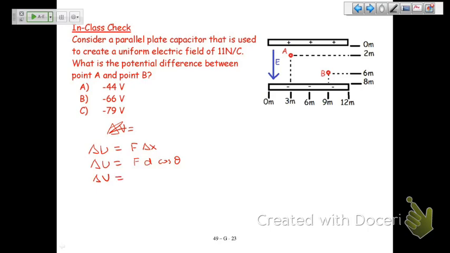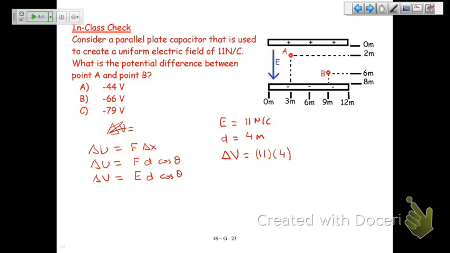Delta V is equal to E times D times the cosine of the angle between. I look at my diagram, I know E is equal to 11 newtons per coulomb. I know that my D is equal to, I'm just looking at that, 4 meters. So I know my delta V is equal to 11 times 4.